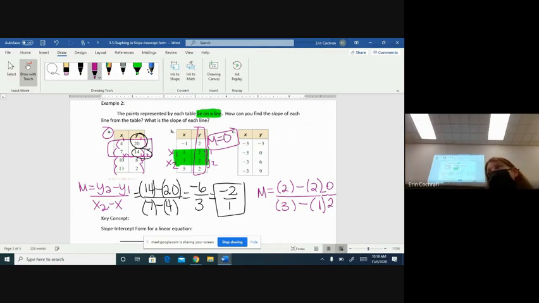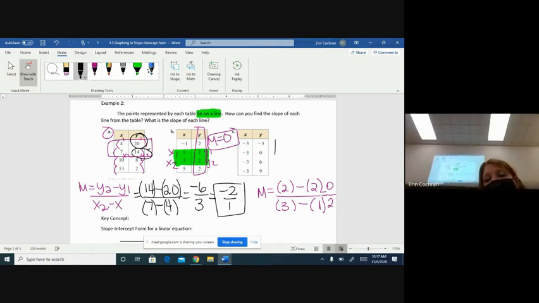Go ahead and find C, everyone. Because what do you notice about that, though? All the x's are the same, right? So is this a function? No. And if it's not a function, do we have a slope?